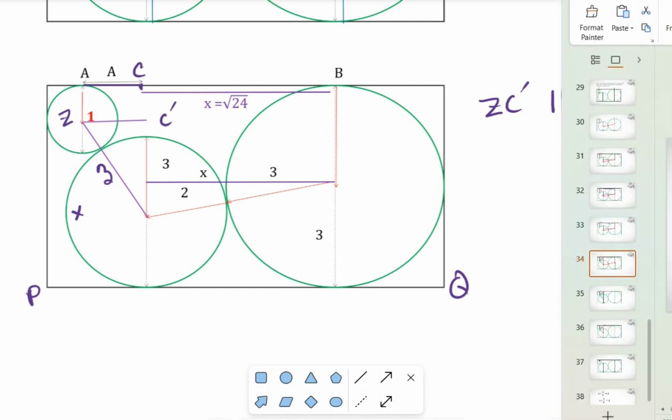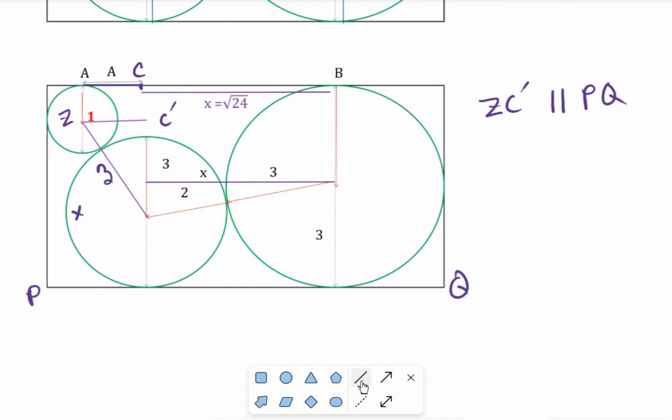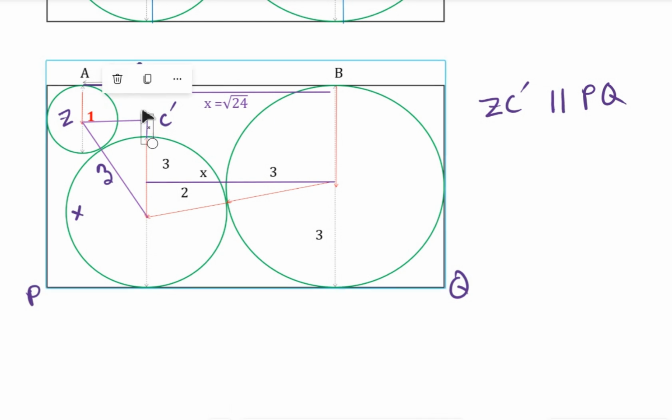Now, what we have to do is extend this line up to this much. To distinguish this line, let's change the color. So the extended line goes up to this one. From this point, this was A, remember?